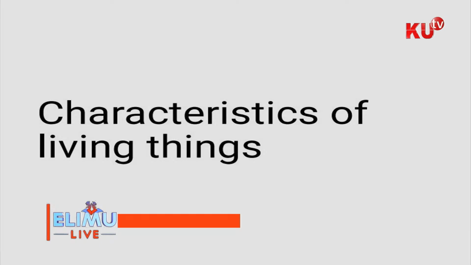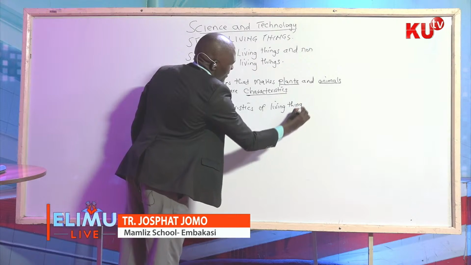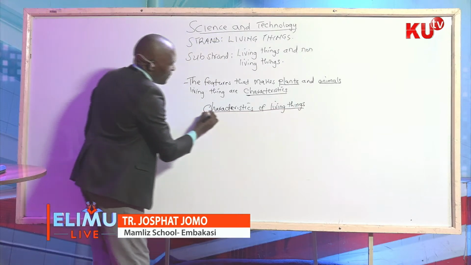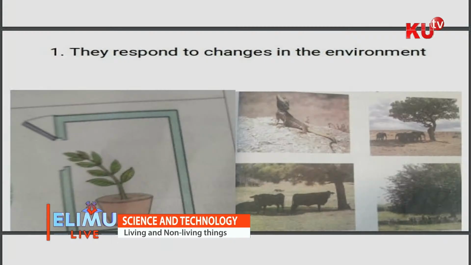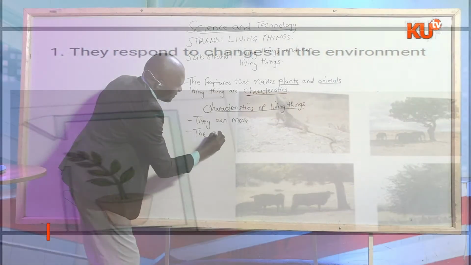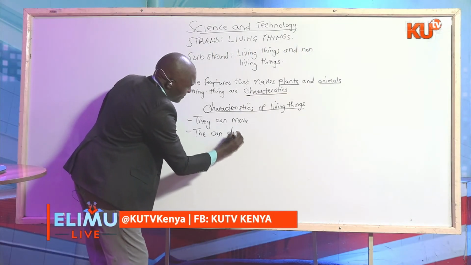Now we move to characteristics of living things. They can shift from one place to another. Then another one is that they can die.